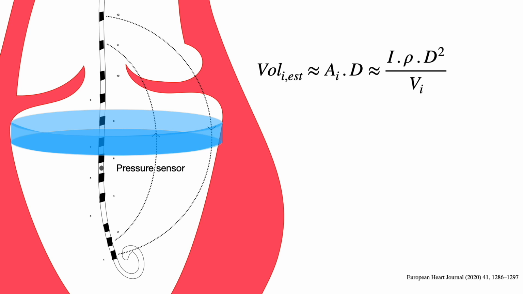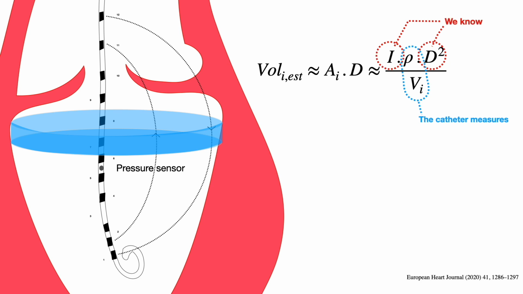The volume of each of these segments is given by this equation, where I is the current, rho is the resistance of the blood, d is the distance between adjacent electrodes, and Vi is the potential difference drop across adjacent electrodes.